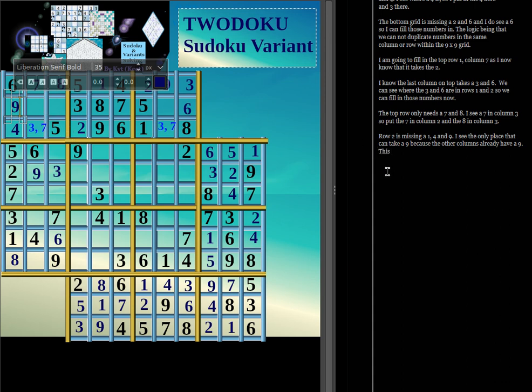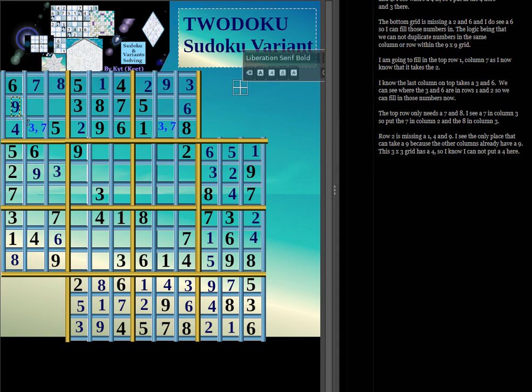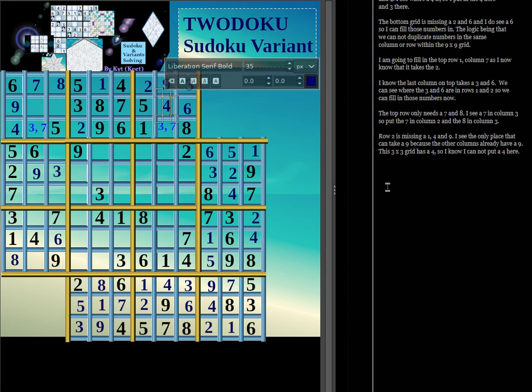Because this 3 by 3 grid has a 4, I know I cannot put a 4 here. I put the 4 here instead. I am also missing the 2. I do not see a 1 or a 2 in columns 2 and 3.